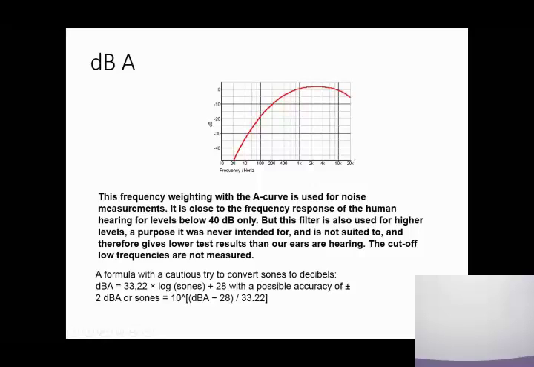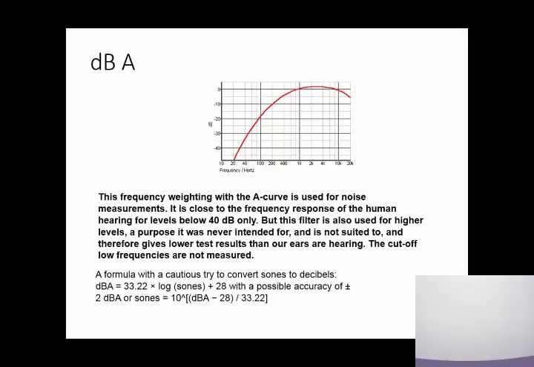And it only really works at 40 decibel tones, 40 decibel noises. It is almost always used for higher levels, a purpose it was never intended for and is not suited to, and therefore gives lower results than our ears are hearing.